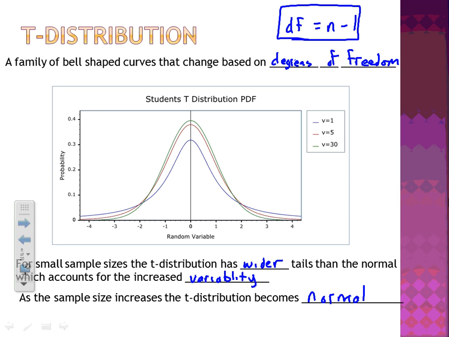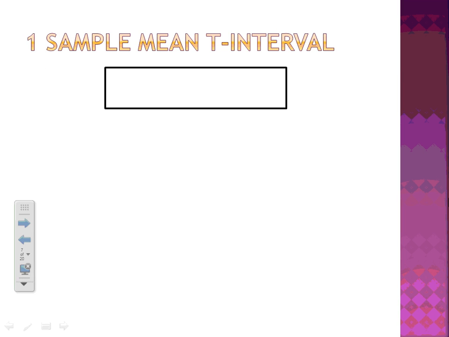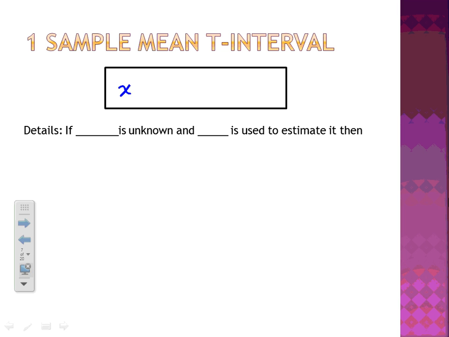So bigger sample sizes cause this curve right here to get more and more toward that normal distribution. But they all have a bell-shaped curve, and there's essentially the same application to it. What we're going to do here, we're still using x bar plus or minus, but now we're going to use this t value, and instead of sigma over the square root of n, we're actually going to use the sample standard deviation.